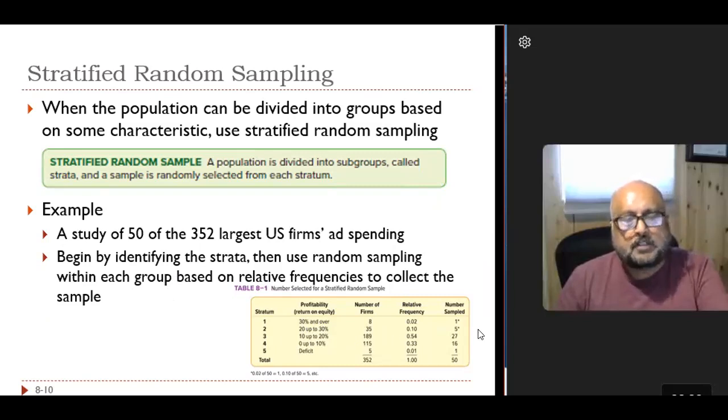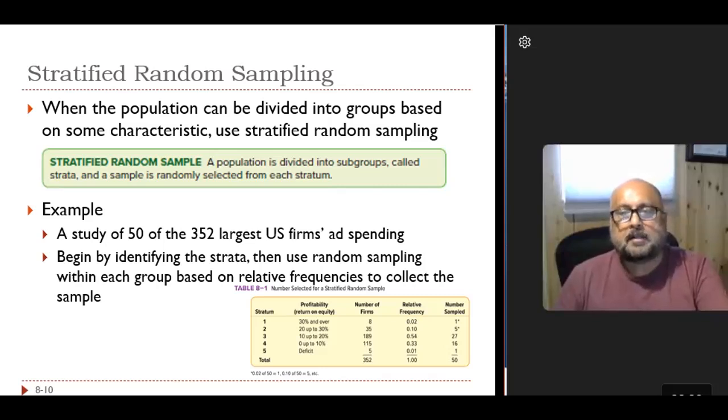We have this table given to us, and we have to look at which stratum has a high probability, I mean, the firm from which group has a high chance of being selected versus the others.